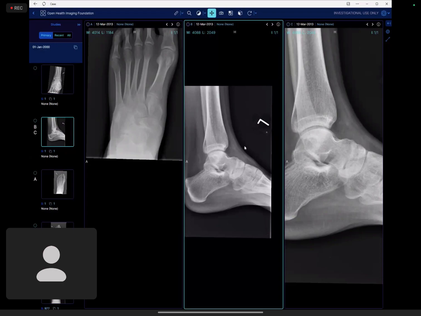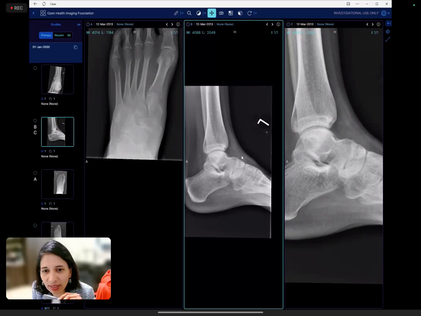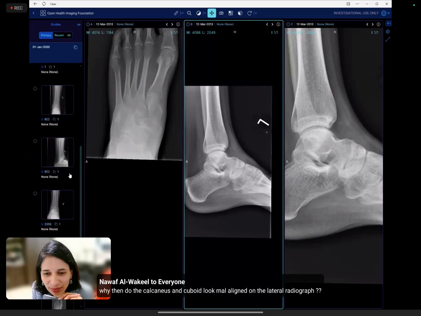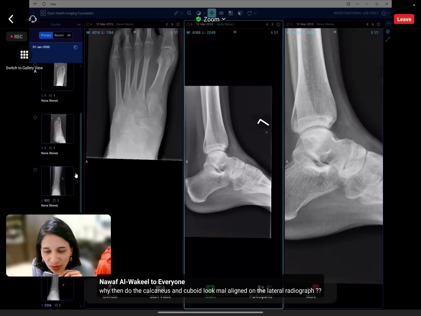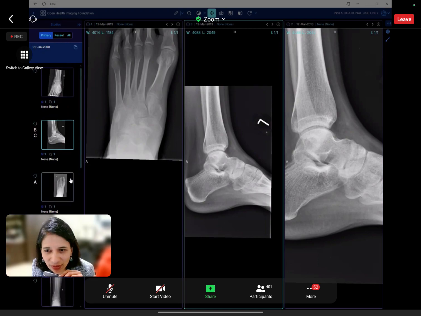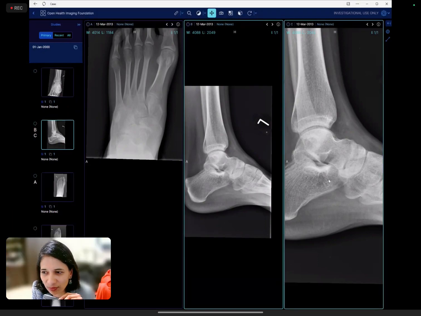Okay, and this also, they just came with swelling, and I wanted to show you the right, because on the right it was a fracture, and that's why everybody then stopped focusing on the left, and this wasn't picked up very easily.